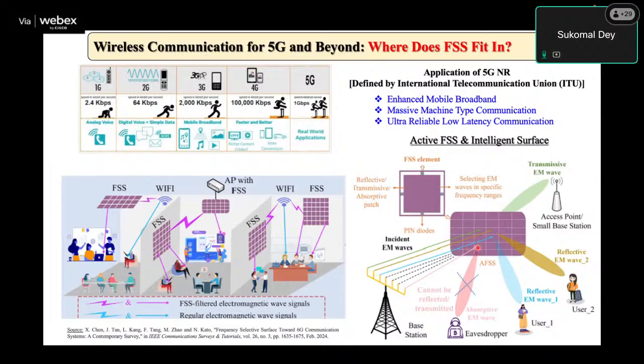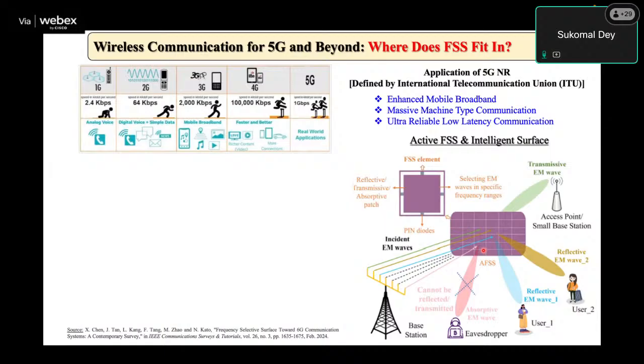And also, with respect to a system, you are improving the signal to noise ratio. So you can change the beam locations or beam point in your desired direction without compromising the quality of the system. That is all about the current need.